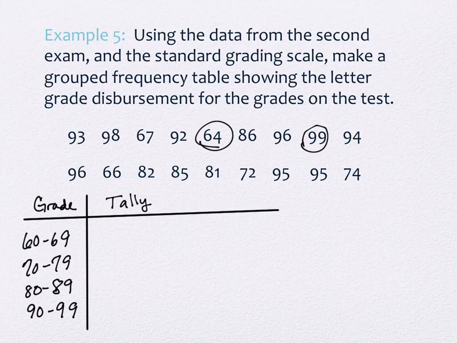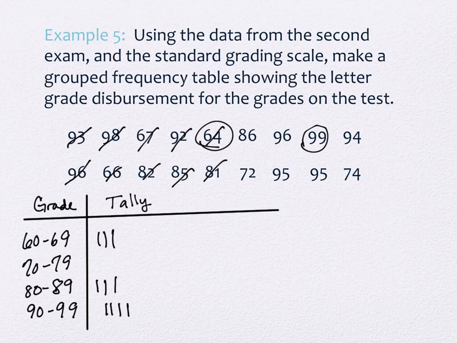So I'm just going to go down like I did before. This is 90 and 90, so I've got 2 marks here. I've got a 90 and a 60, 60 and 80, 90 and 85, 92, 85, 64, 81, 86, 72, 96, 95. We can mark it as a 5th mark over.